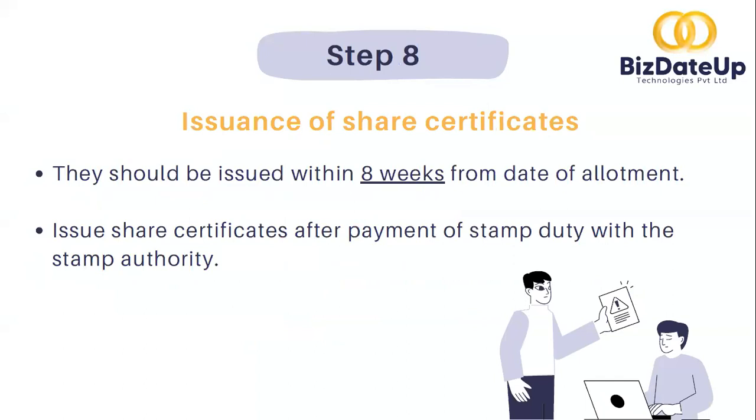Now, a very important process comes. Once the entire filing with the ROC is done and approval has been received, the company is free to issue the share certificates to the investors. But before issuing the share certificate, the company needs to pay the stamp duties. Stamp duty differs from state to state.